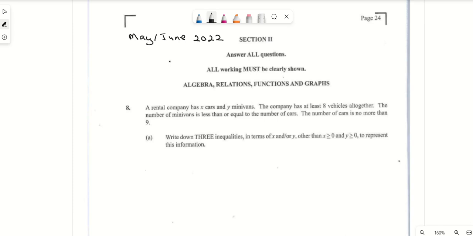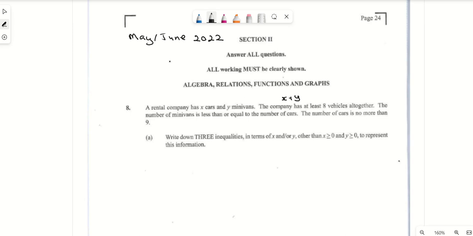A car rental company has X cars and Y minivans. So they did not tell you the number of cars nor the number of minivans, right? The company has at least 8 vehicles altogether. That means if we were to add X cars plus Y minivans, we're going to get for the least amount, guys, right?